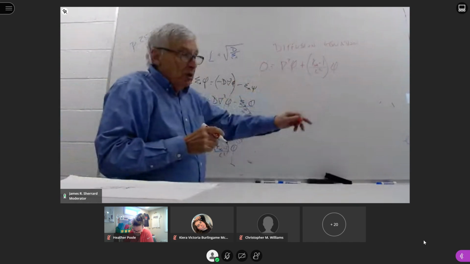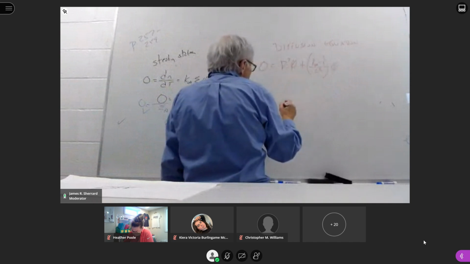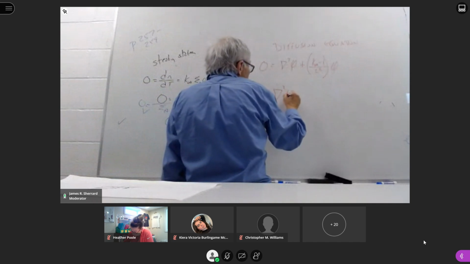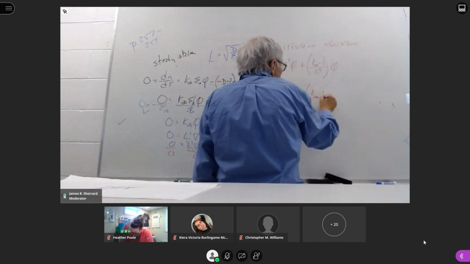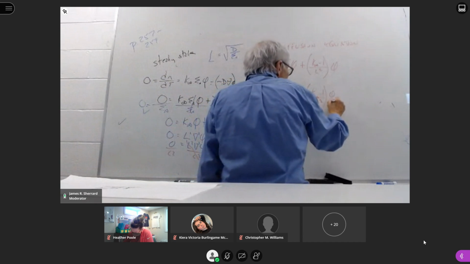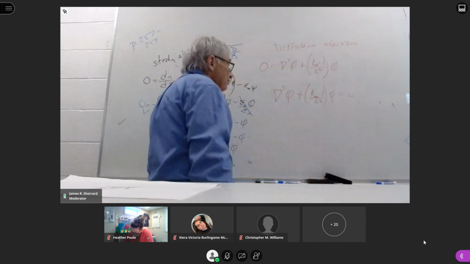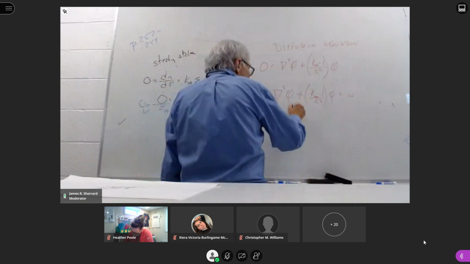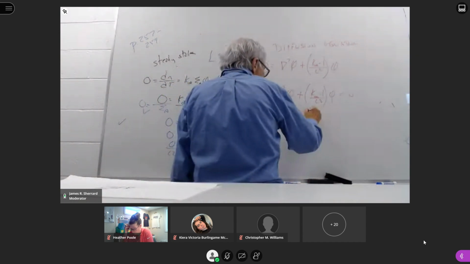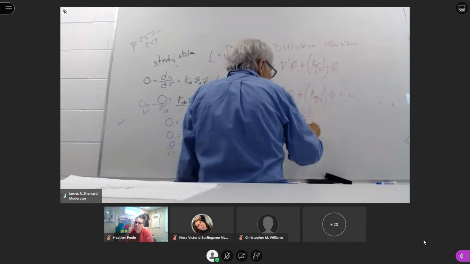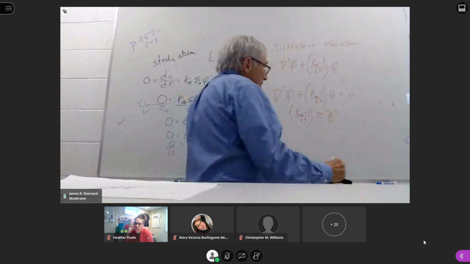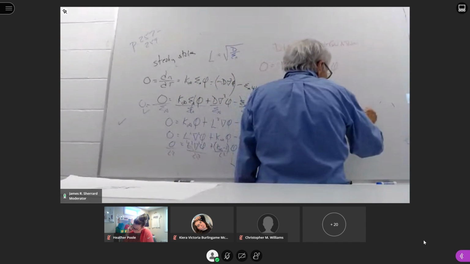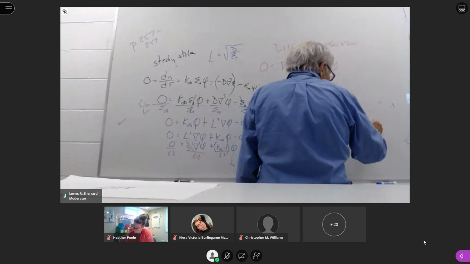You typically see this rewritten, though, by putting the 0 on the other side. So you have del squared flux plus K infinity minus 1 over L squared flux is equal to 0. As it turns out, this is defined as B squared, where B is buckling.